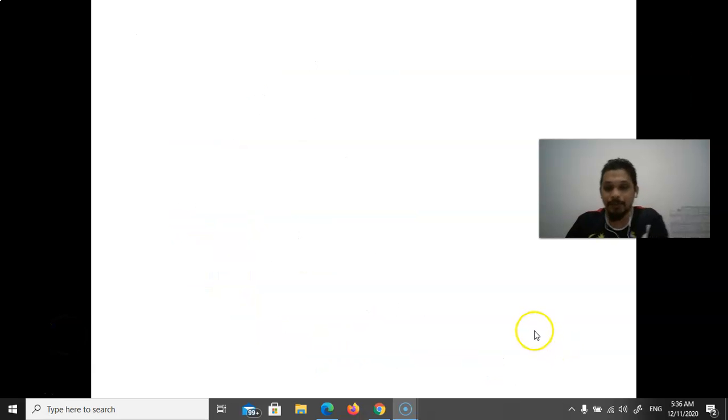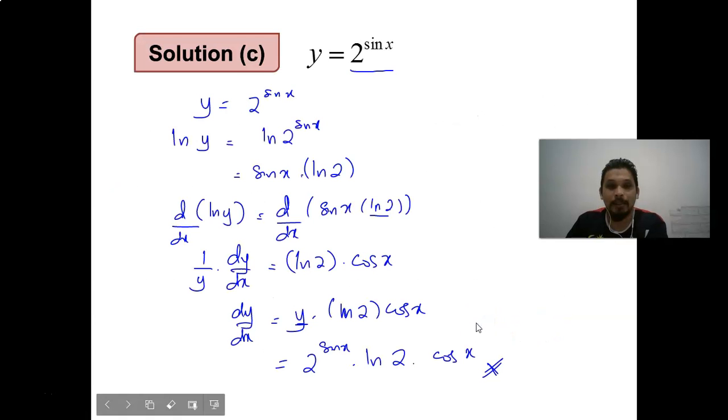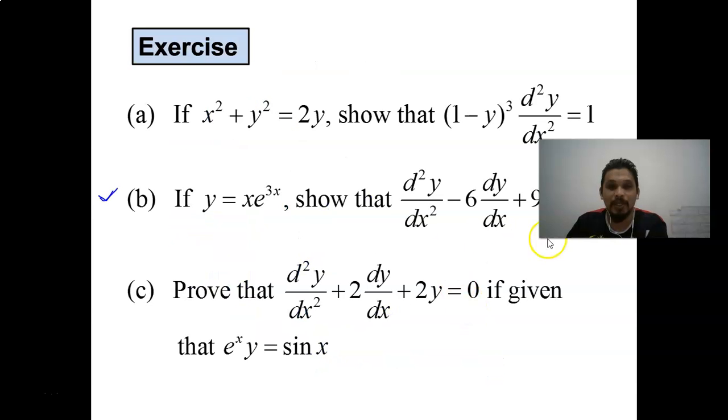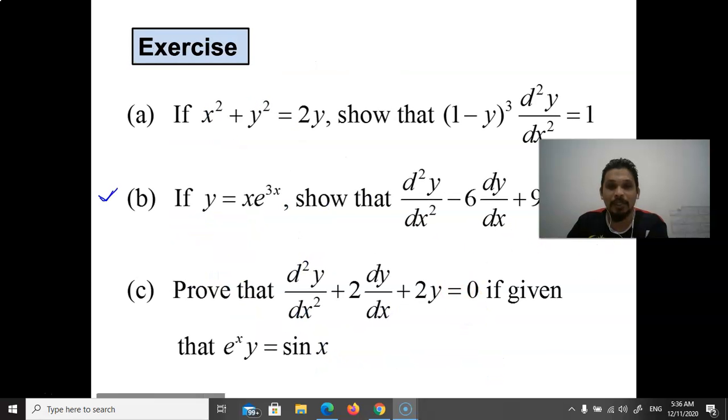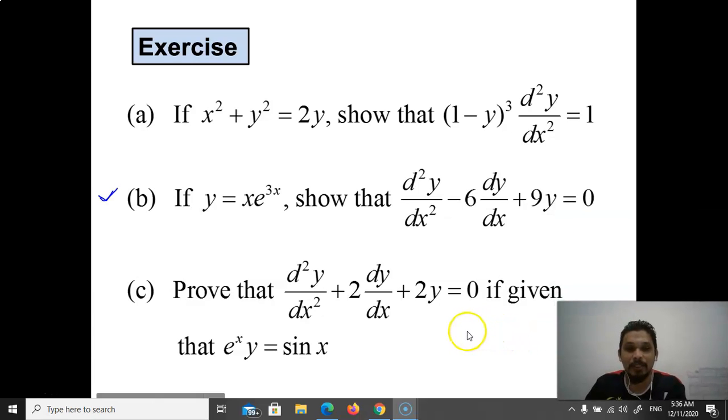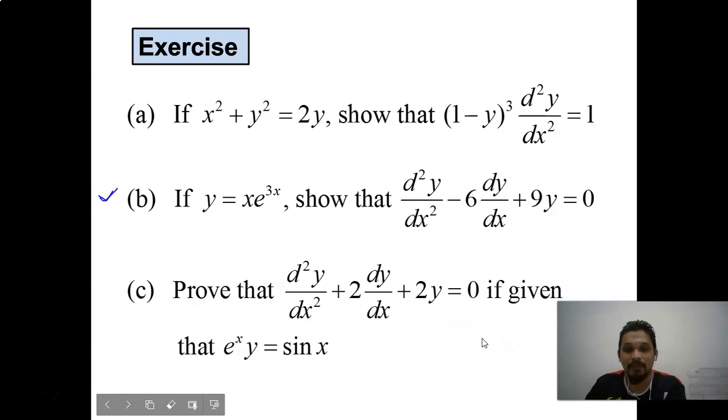Okay, so we have solved this question, the solution of C here. I do hope that you may try the question by yourself, and if you have a problem with any of these questions, please refer to your lecture or your tutorial session.